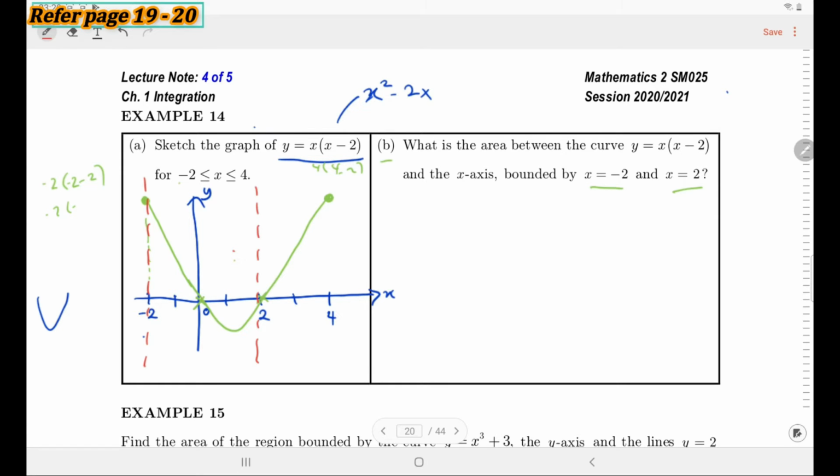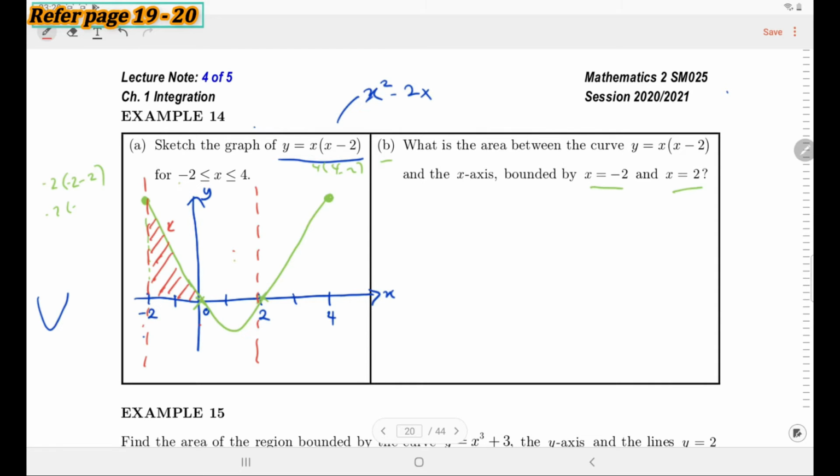So the question is asking to find the area between the curve and the x-axis. So we look from negative 2 to 0. The curve here, the green one, and here the x-axis, so this is the area under the curve.